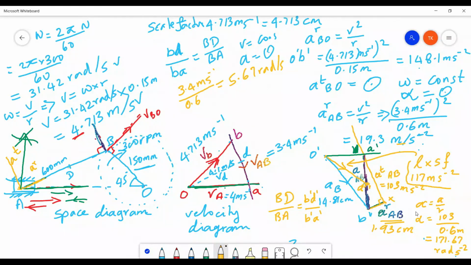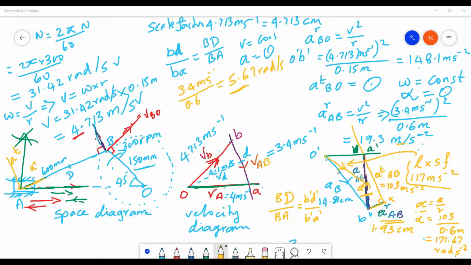You are asked to find the angular acceleration of the connecting rod, angular velocity of the connecting rod, and the acceleration of the midpoint. So now we have found all three. This is how we draw the acceleration diagram. In a velocity diagram, if you have three components, the acceleration diagram you will have six components.